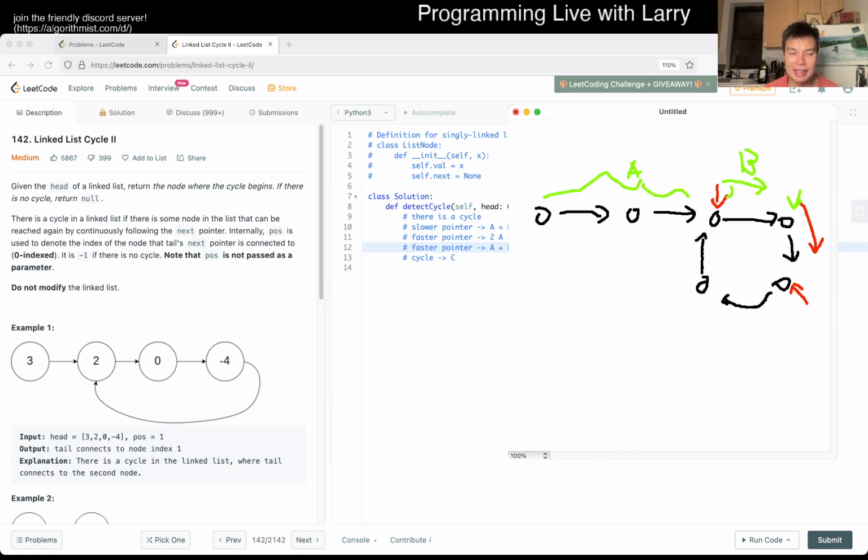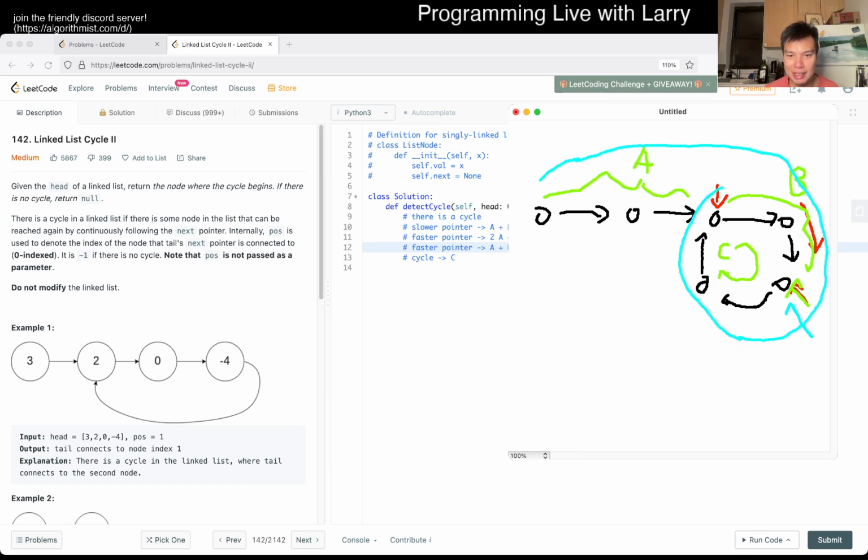But yeah, let's say we have this again. Let's say this is A. Let's say they meet here. Then this is B, and of course the cycle length is C. This is C. In order for the fast pointer to reach all the way back to this point, it would have to go around, and then one cycle later.